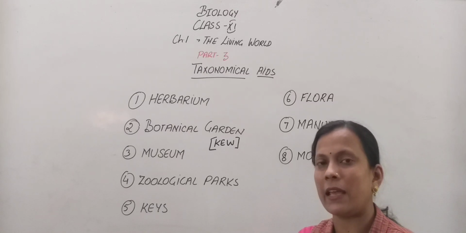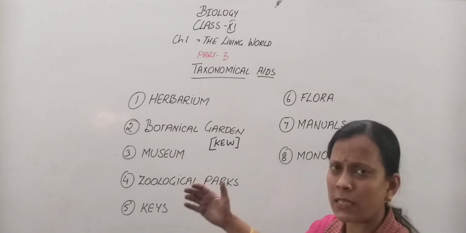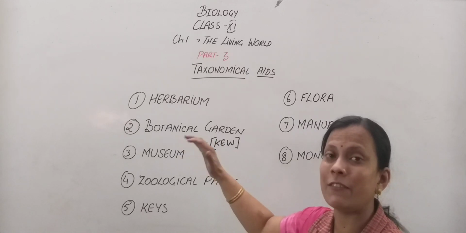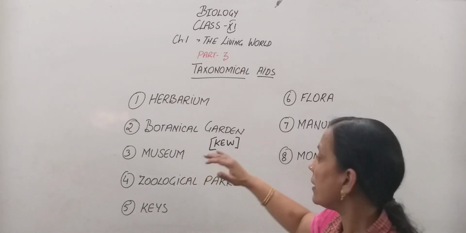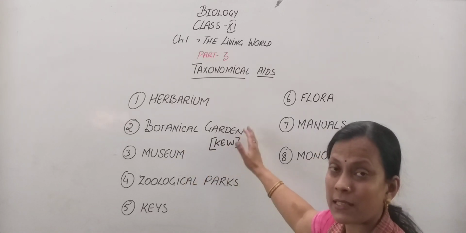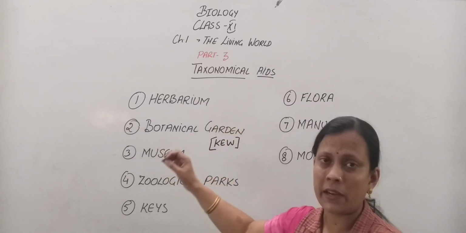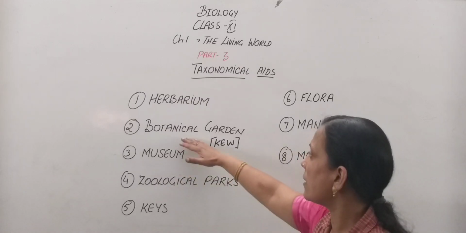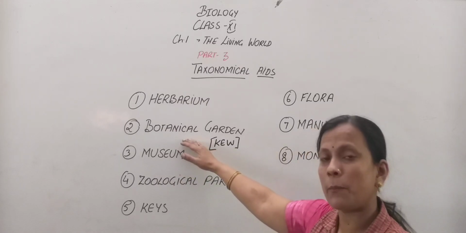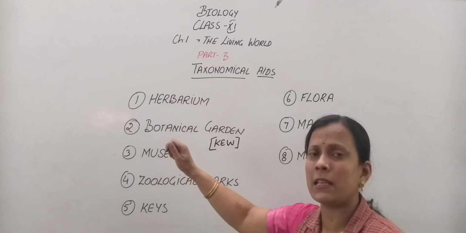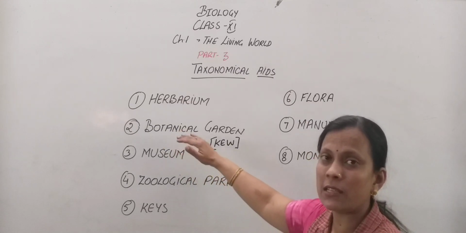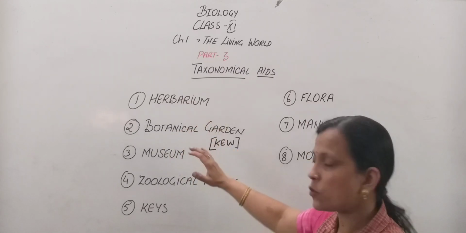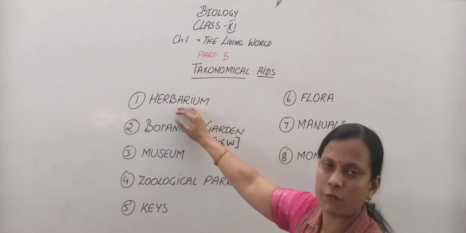One can find any plant in its original form, in a living condition. Kew in England is the largest botanical garden, with a wide variety of species. So a botanical garden is where plants are kept or grown in their original shape and form, in a living condition, unlike the dried form.